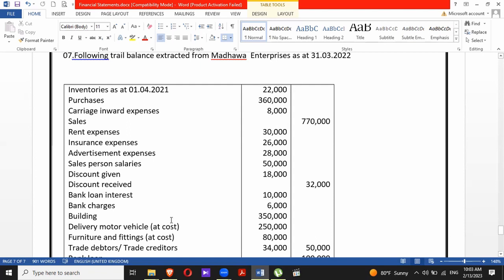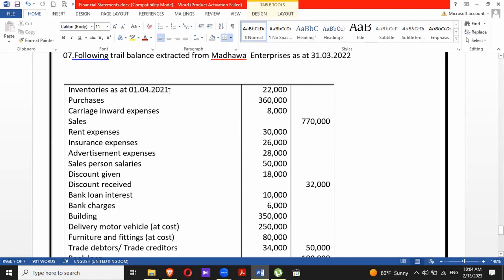I told you when I explained the basics of financial statements, the profit or loss statement is prepared using only income and expense accounts. The statement of financial position includes assets, equity, and liabilities. So we'll see what comes under the income statement and what comes under the statement of financial position.